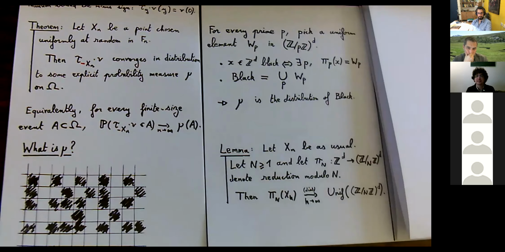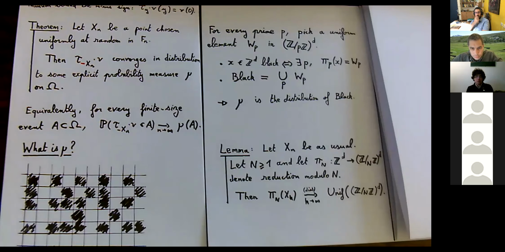Another way to phrase it is that if we think of W_p as a subset of Z^d, black is just the union over all primes of the W_p's. And I define mu to be the distribution of this random coloring. I hope this definition is clear. If it's not, please feel free to interrupt. I should explain it again.